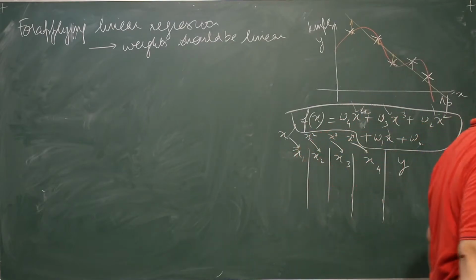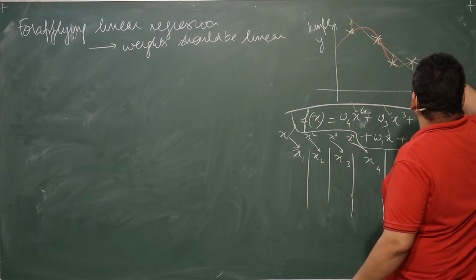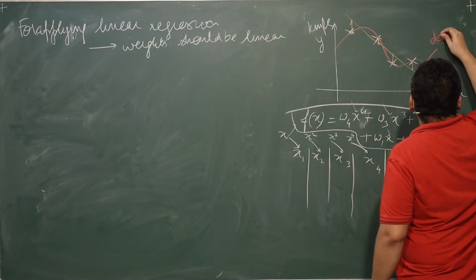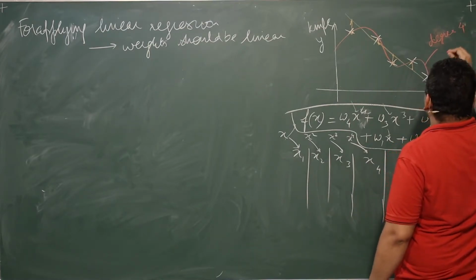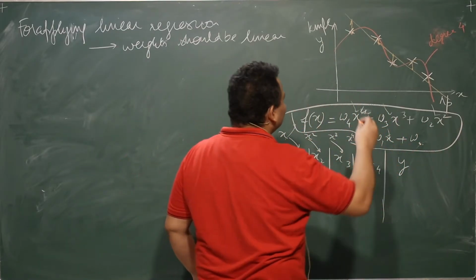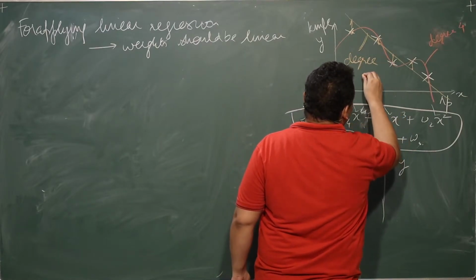Let us say this pink colored is your 4-degree, so degree 4, and the degree of the orange curve is 1.